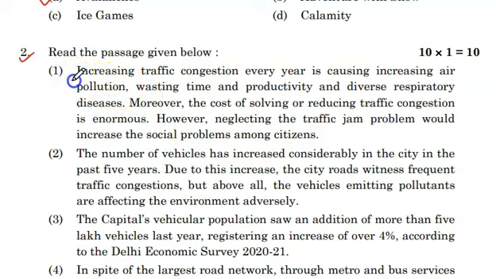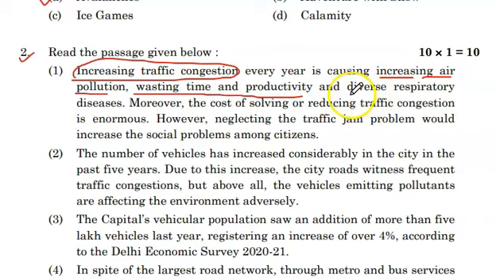So the paragraph is talking about increasing traffic congestions and problems associated with it. So what are the problems or challenges that are created by increasing traffic congestion? Number one, increasing air pollution. Problem number two, wasting time and productivity.